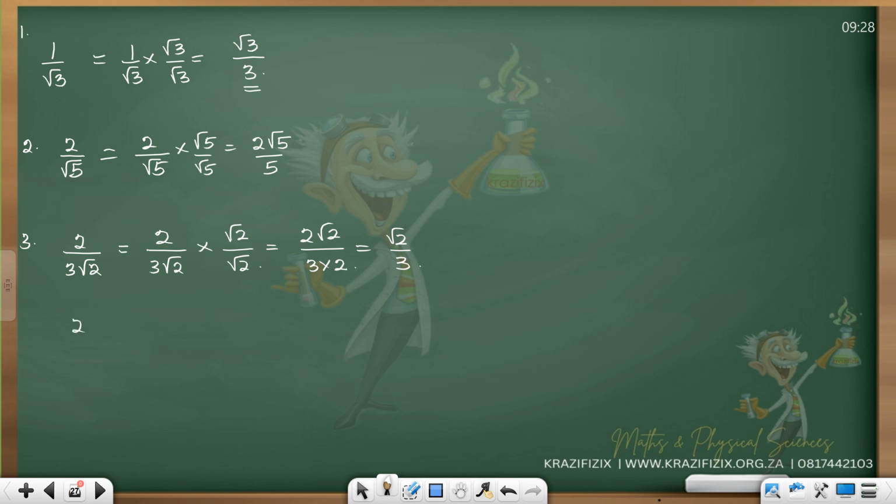Okay, maybe you did this. Let me work. I think this is what you did, but maybe you didn't simplify well. You must have done this, right? Now, 2 times 3 would be 6 root 2 over 3 times 3 would be 9. Root 2 times root 2 would be 2. All right.